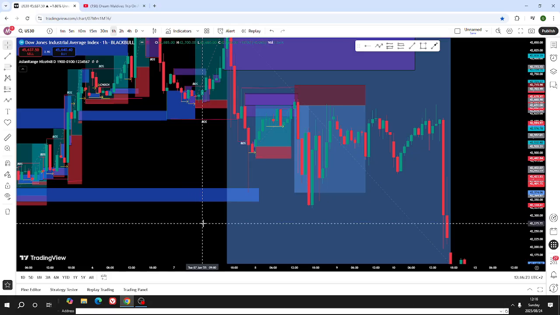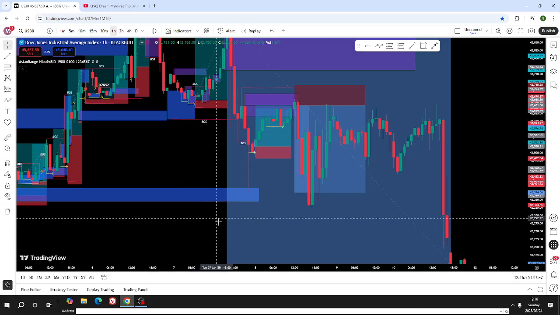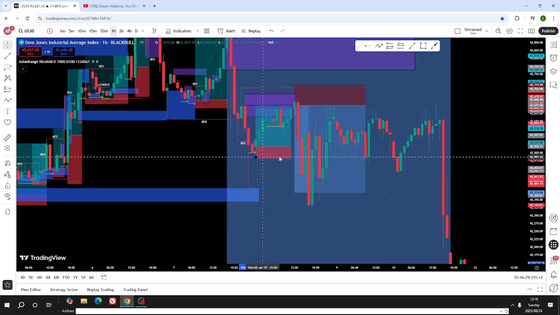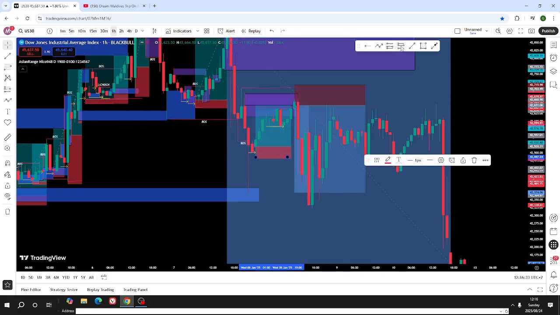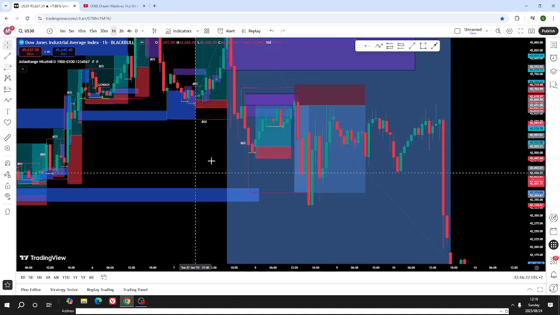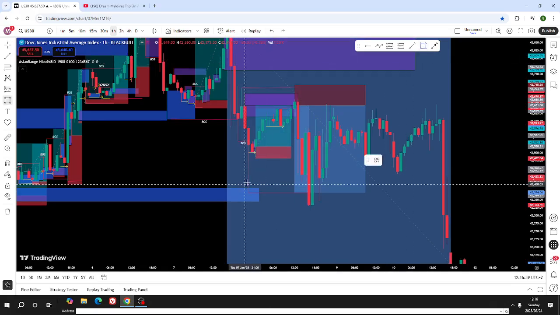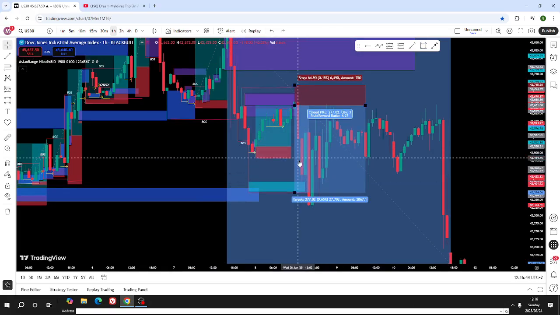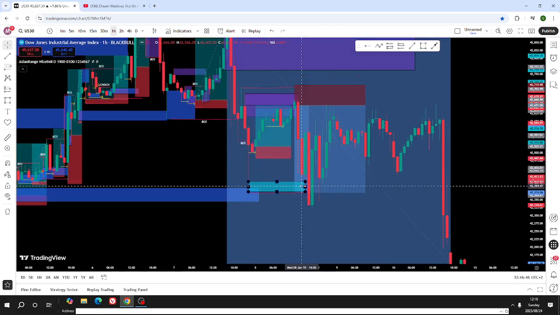All right. So what I want us to also talk about is I was looking at this whole area from this low, from here to this portion. There is definitely an order block on lower time frame, let's say right over here. As you can see, when market came, it took that out.